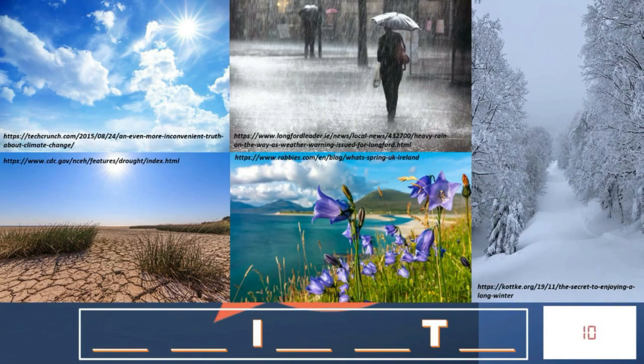There are 10 seconds to answer. The timer starts now. Time's up. The correct answer is climate.